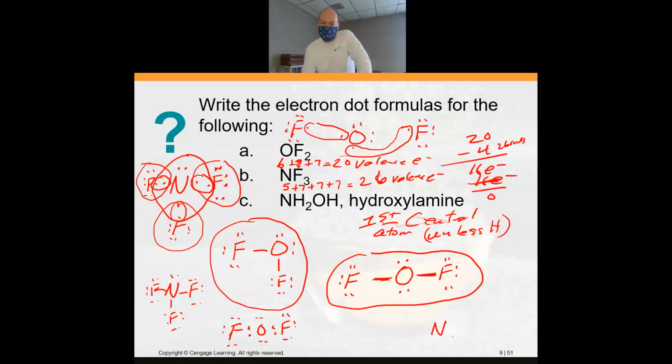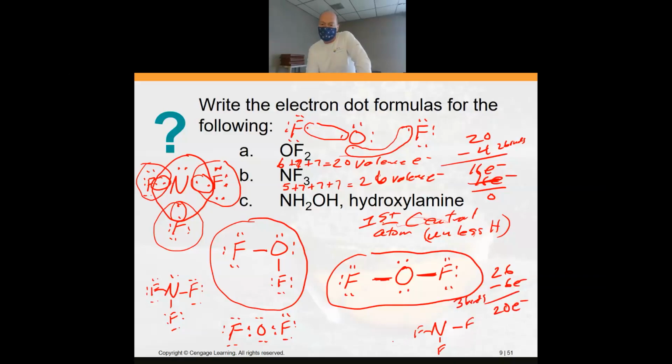You write the N. Then you bond it to 3 Fs, an F, an F, and an F. Again, you put in 3 bonds. You have to know that each bond requires 2 electrons. So you have your 26 valence electrons minus 6 electrons for the 3 bonds. And you have 20 electrons left.